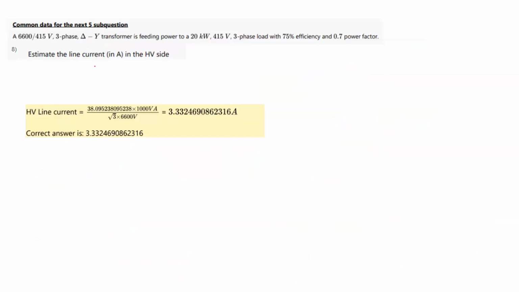Now in the next question, we need to calculate the line current on the HV side. So what will be the line current on the HV side? Now you remember that in a transformer it is written like this: 11 kV to 1 kV transformer with this much kVA, 50 hertz.